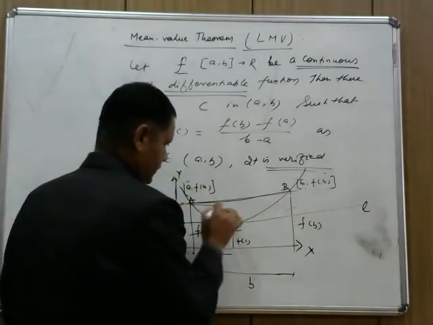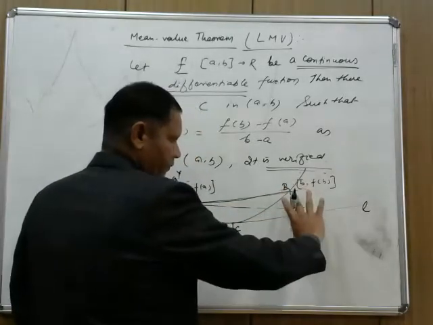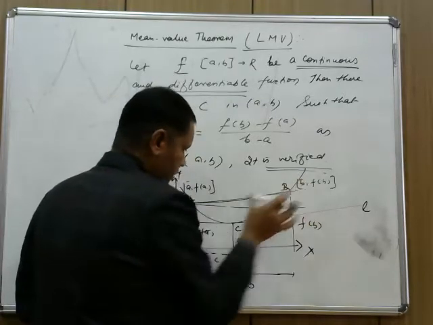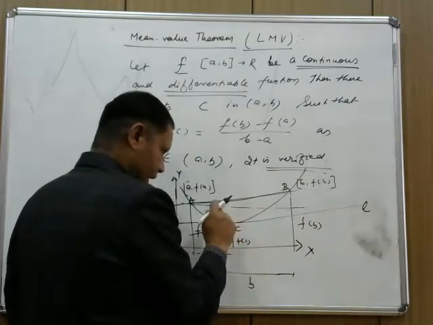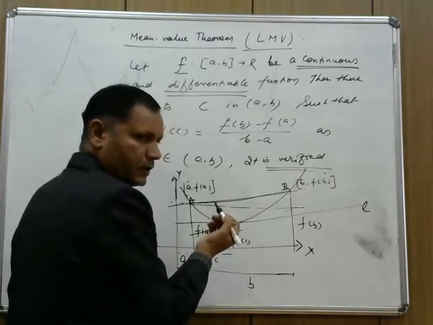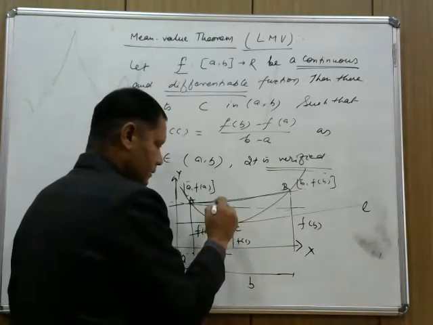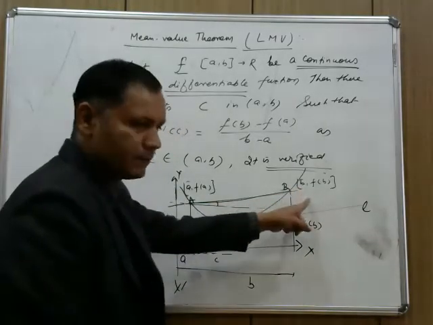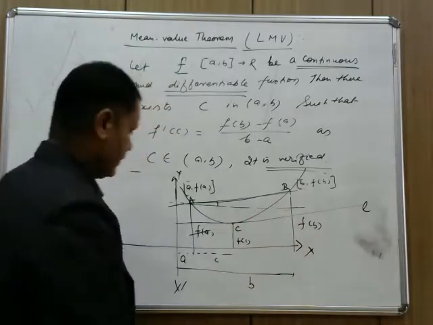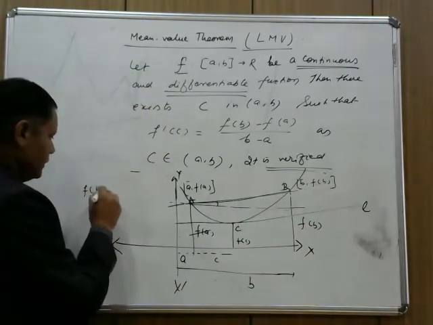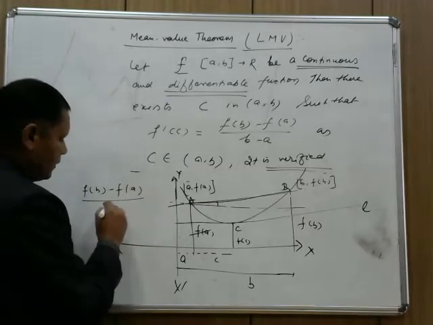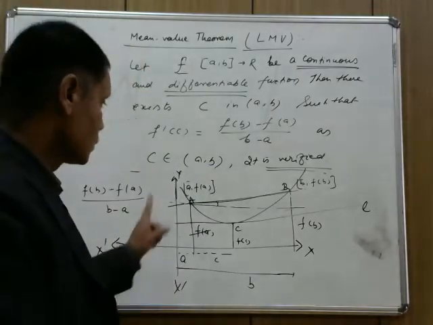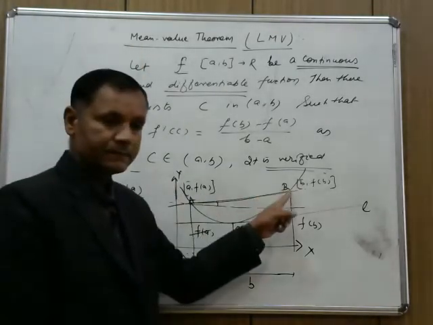That will be f of B minus f of A upon B minus A. Tan theta is known as the slope of any curve or any line. Tan theta is equal to perpendicular upon base. That means f of B minus f of A upon B minus A, and this is the slope of the line AB.